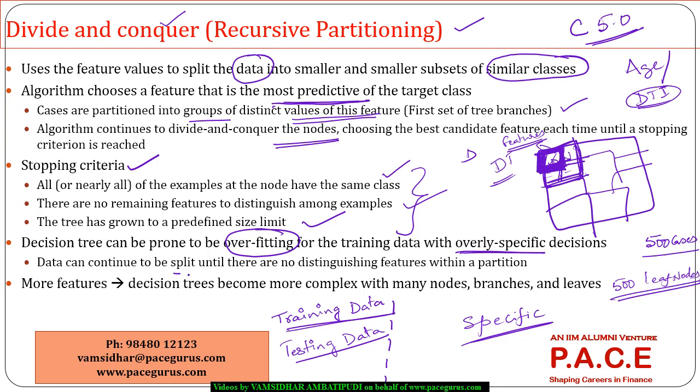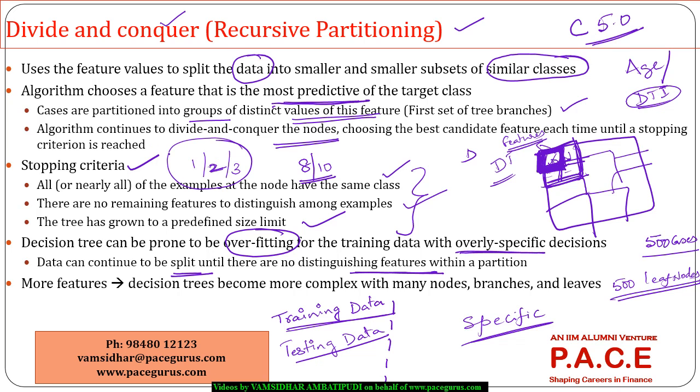Because the data can keep on splitting based on all the features. So if I have 8 to 10 features, based on each feature the data will keep on getting split into subgroups. And because of that, it may so happen that each leaf node contains hardly one or two or three cases.